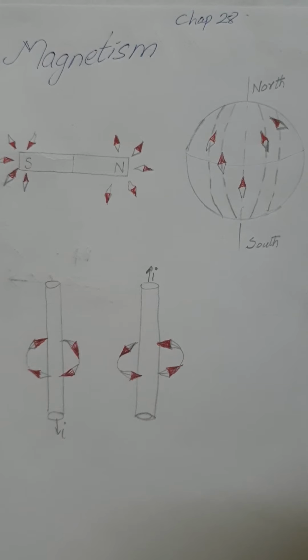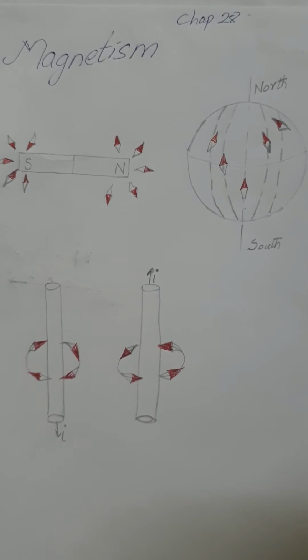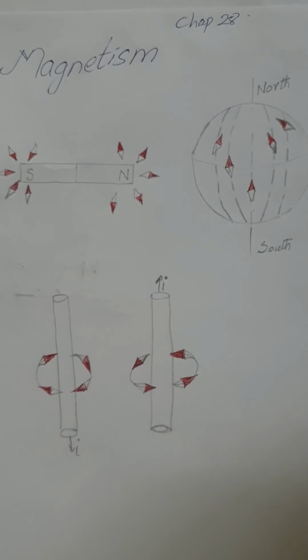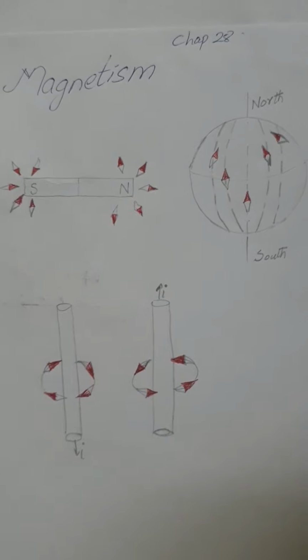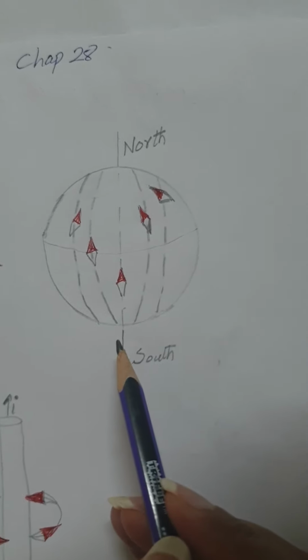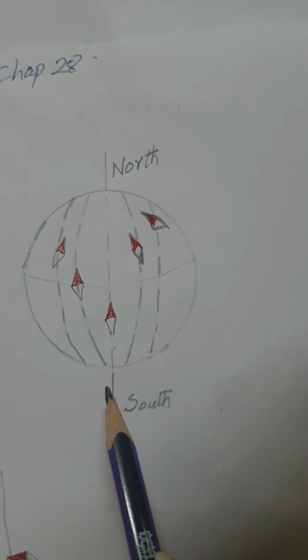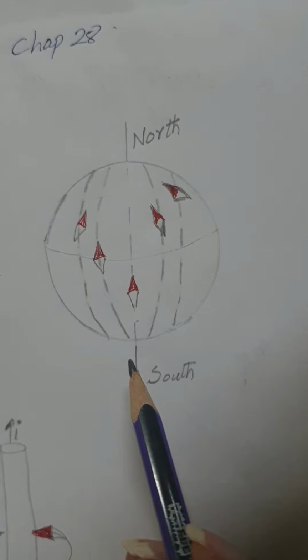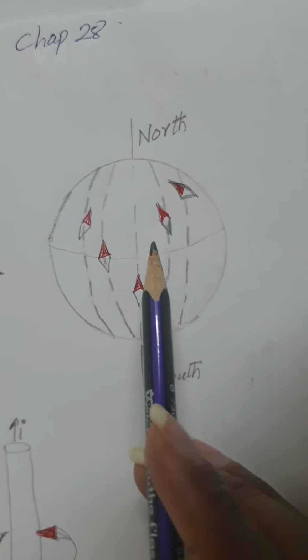By the 12th century, the following experiment was known. A small needle, this one. A small needle-shaped piece of magnetite is suspended so that it can pivot about a vertical axis.